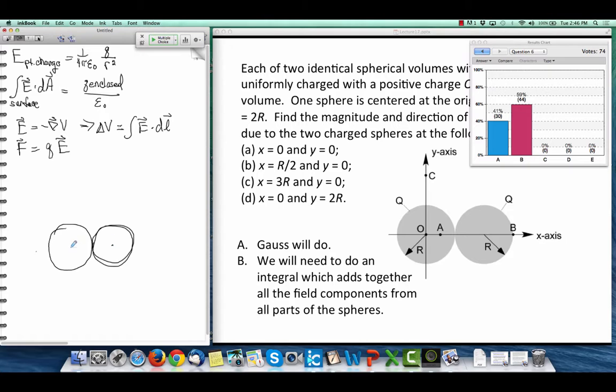So suppose I chose C, the sphere on the left. If I want to deal with the field at point C, I can draw a Gaussian surface for the sphere on the left that goes through point C. I can use Gauss's law for that sphere to find the electric field due to the sphere on the left. That's going to point away from the sphere on the left.